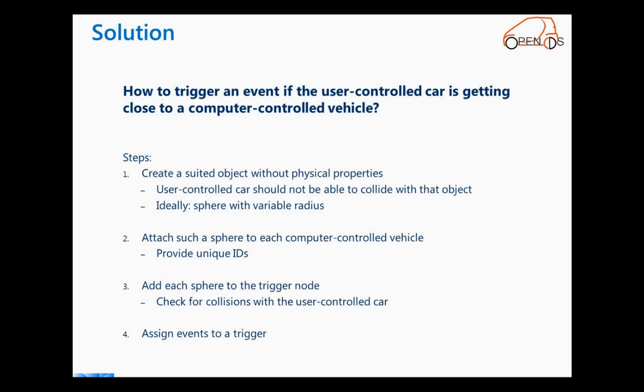So again, here's the problem, which reads: how to trigger an event if the user-controlled car is getting close to a computer-controlled vehicle. So let's first split this problem into smaller steps. First of all, how can we find out our current distance to a traffic vehicle?